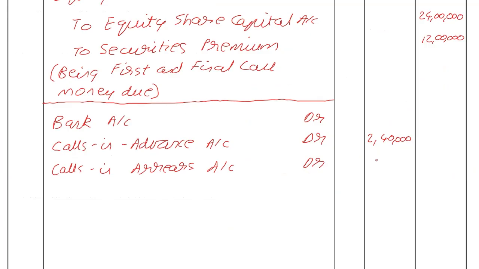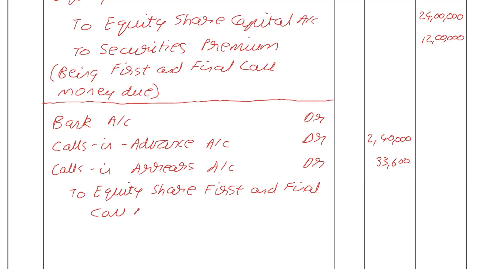The money that you're not receiving here, 33,600. Anything else? Now you're in a position to credit equity share first and final call account.